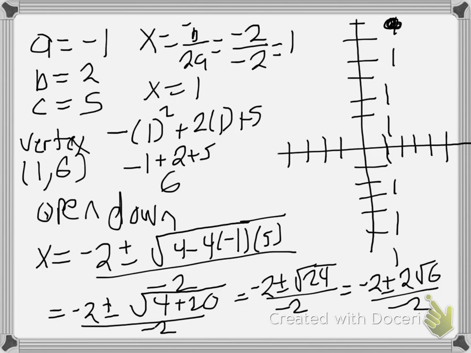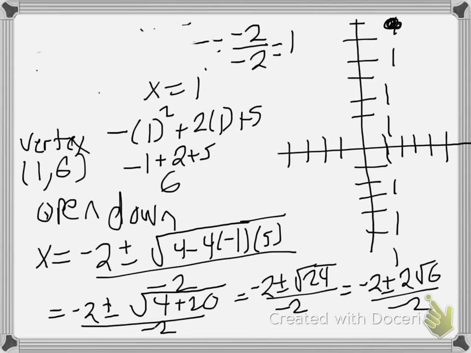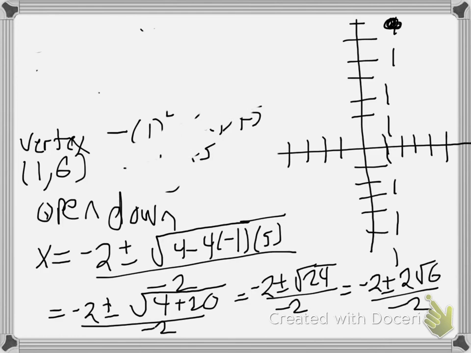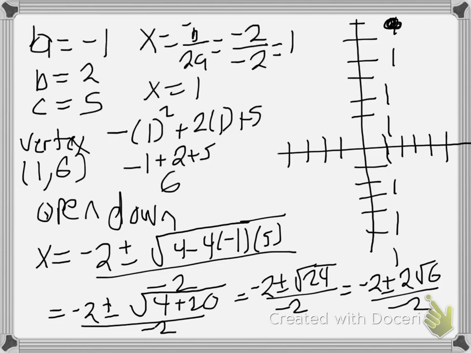So my x-intercepts, okay, I'm going to erase a couple things up here. My x-intercepts are going to end up being 1 plus the square root of 6 and 1 minus the square root of 6.